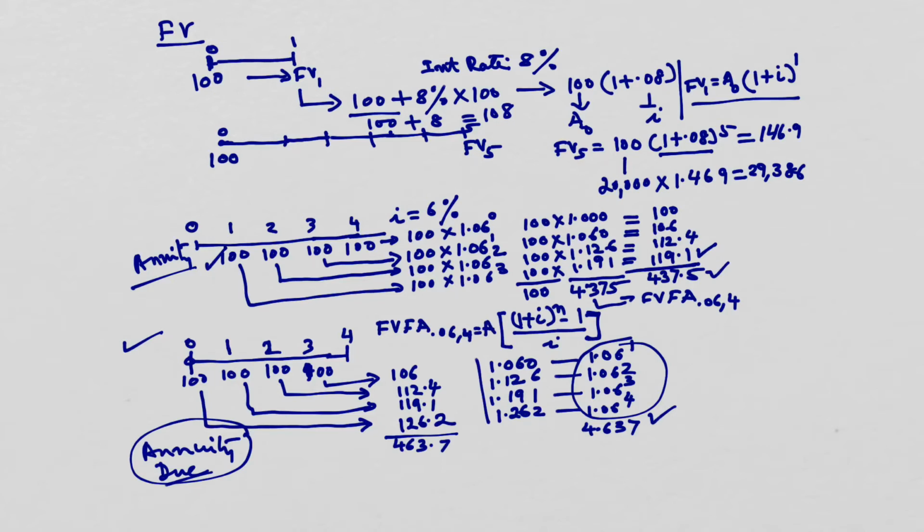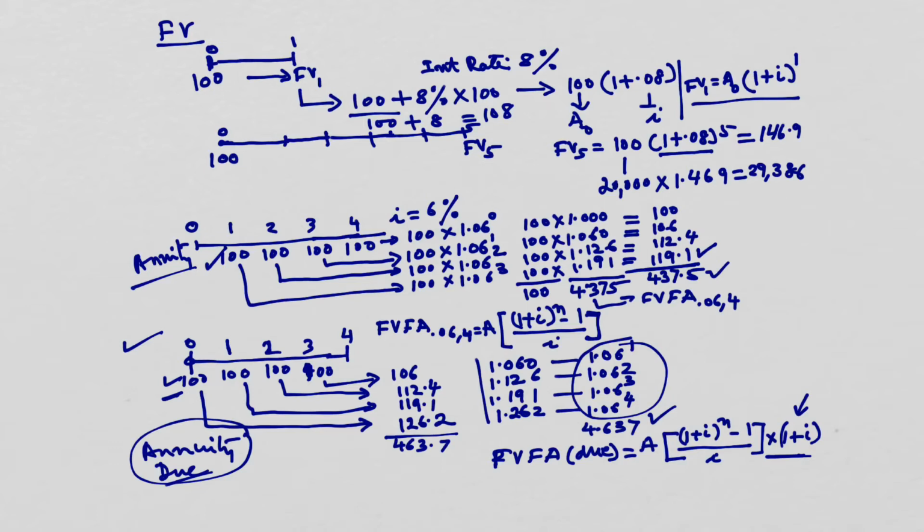Now the simple formula will be, this time I will write it as future value factor for annuity, but I will write due, and the formula remains the same with one addition: 1 plus I raised to n minus 1, divided by I, but then this will be multiplied by 1 plus I. You will multiply this 1 plus I. Now this factor you have added because the amount started here from the very beginning.